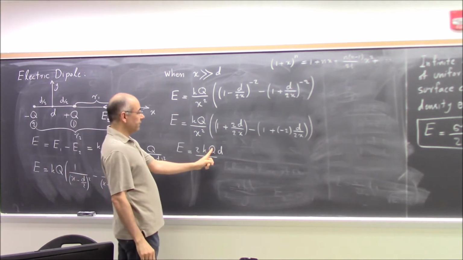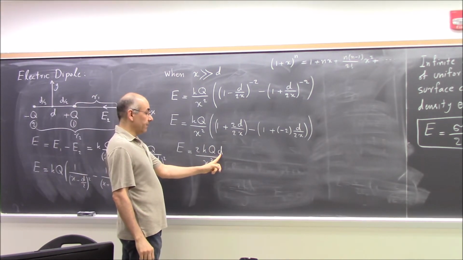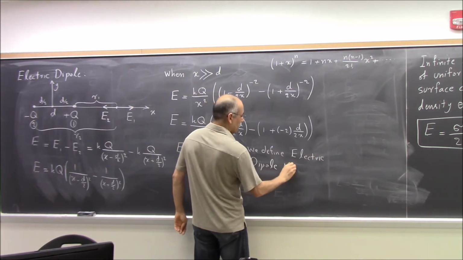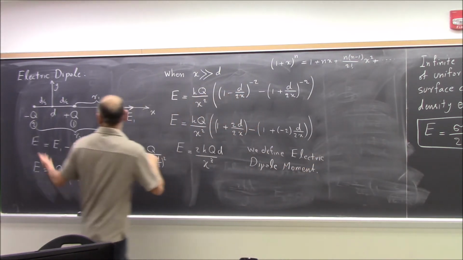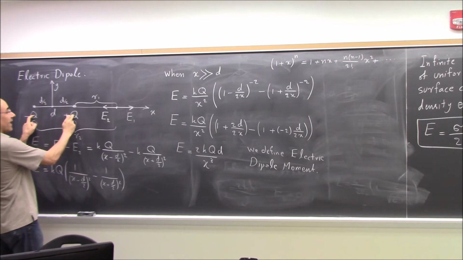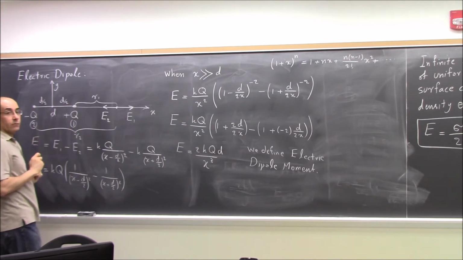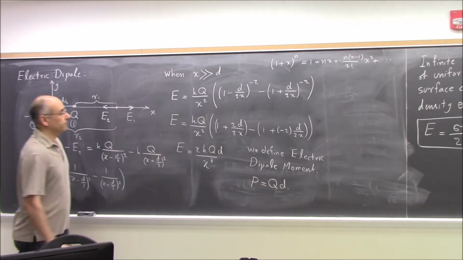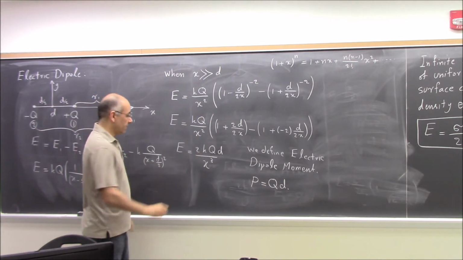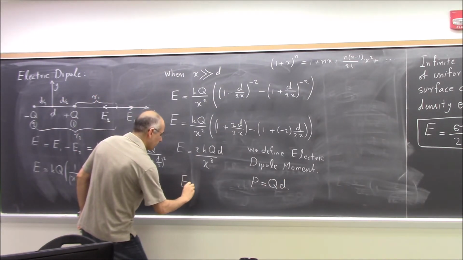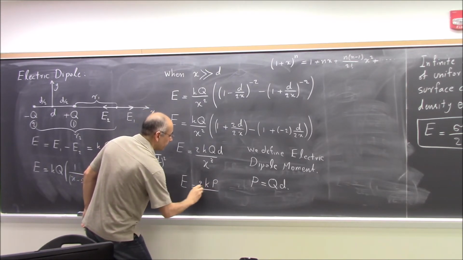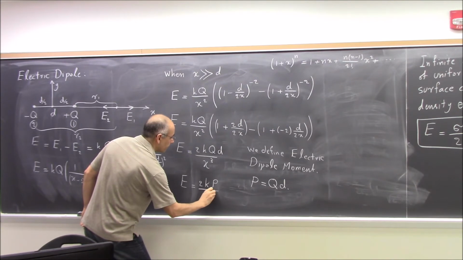And this q times d has a name. We define the electric dipole moment for any dipole as the magnitude of each charge times the distance between the two charges. And we call it p. And in terms of that p, E becomes 2kp divided by x cubed.